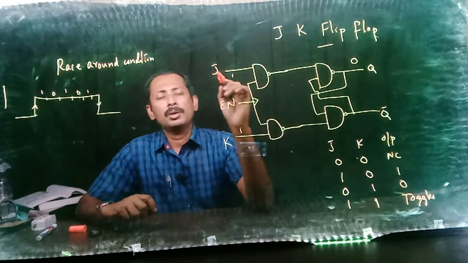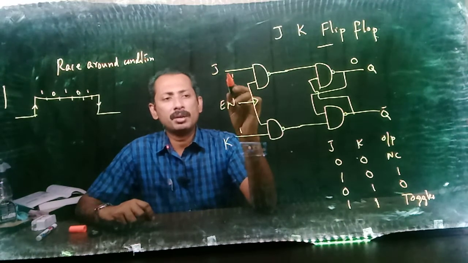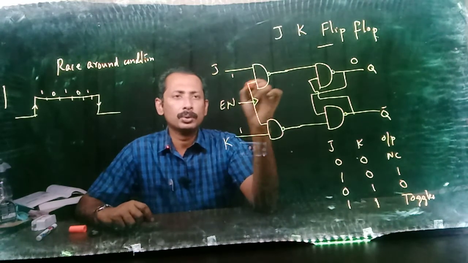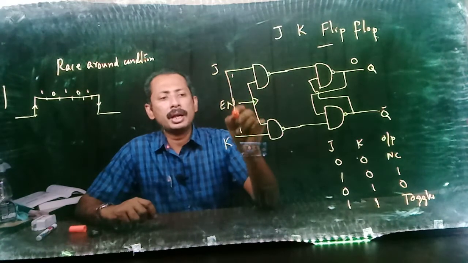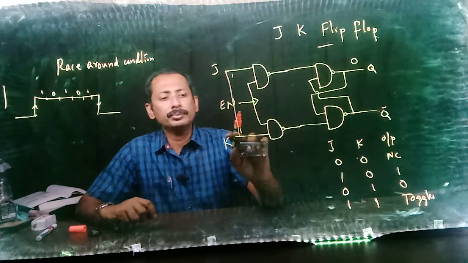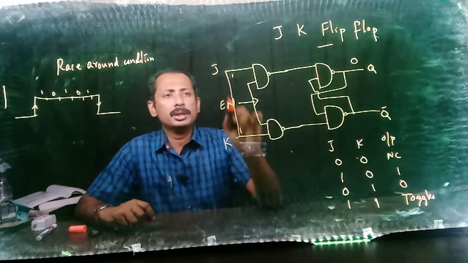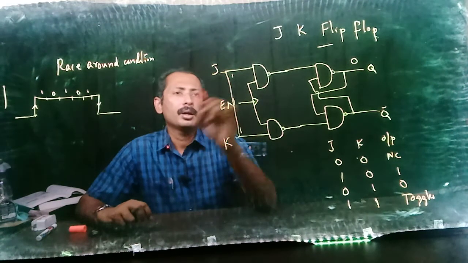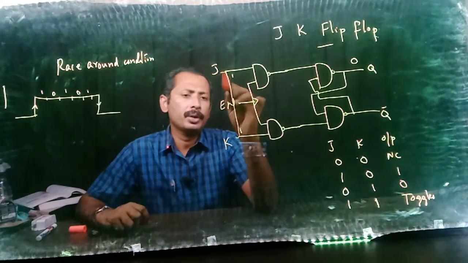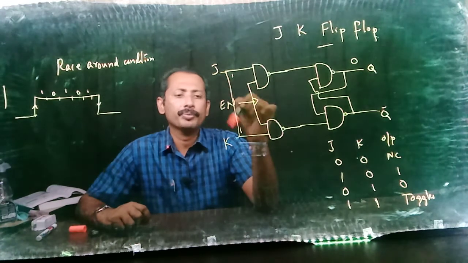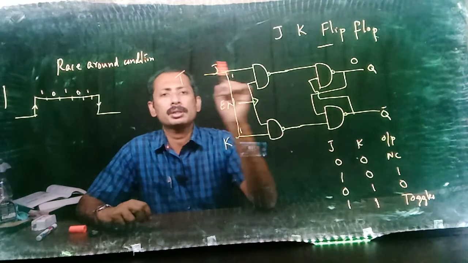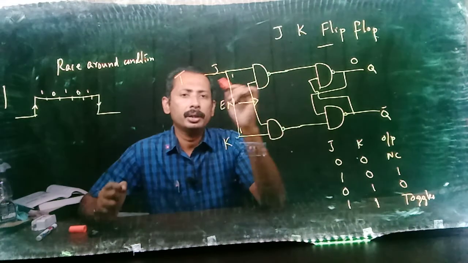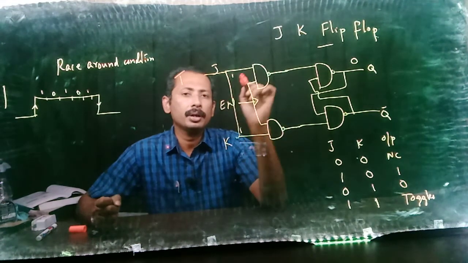Also, I can make a modification of this flip-flop. I am shorting these J and K inputs, and so if J is made 1, K is also 1, and so the input is now only one input, and we call it T input, the toggle input.